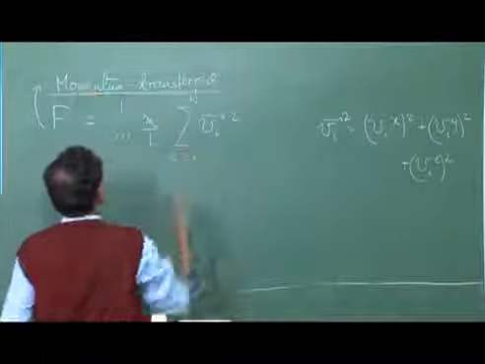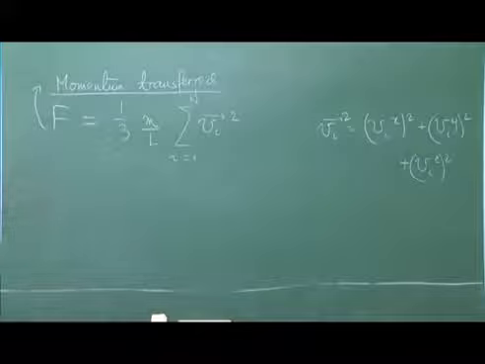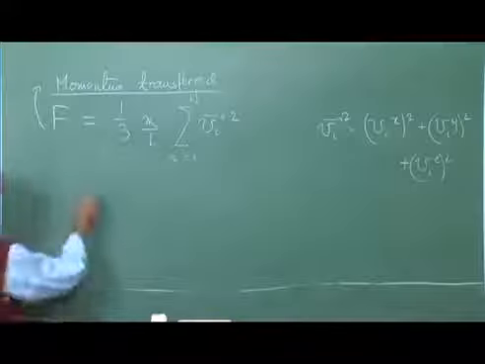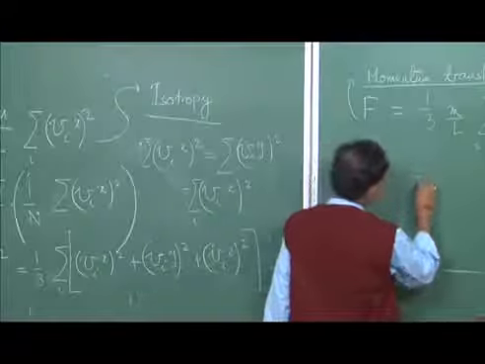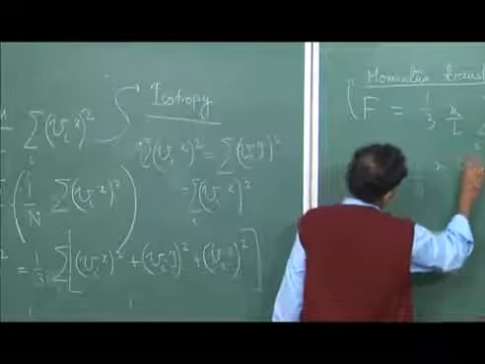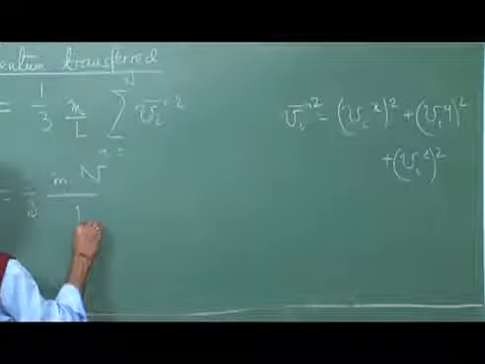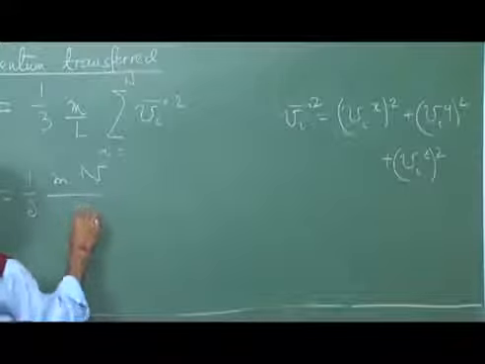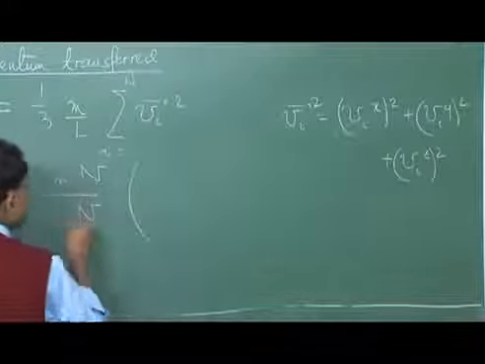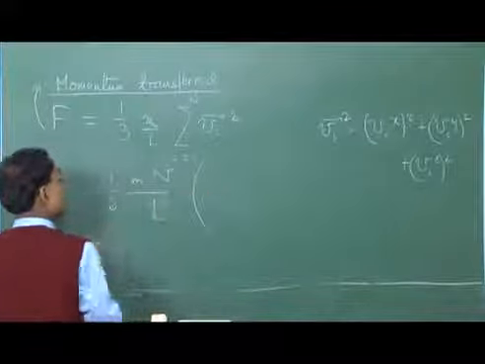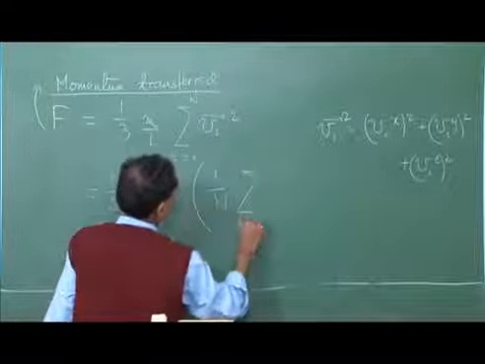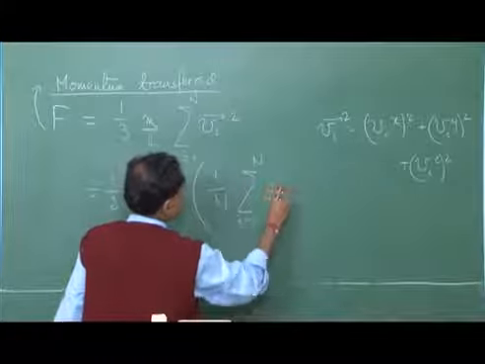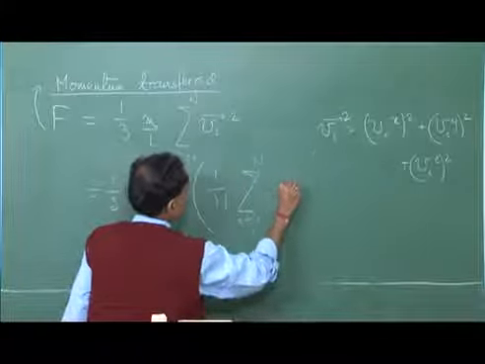So, the total net momentum transfer is this quantity, and now I can have a sense of average. How do I do that? Let me write it, L outside, 1 over m, summation over i to n of Vi square.